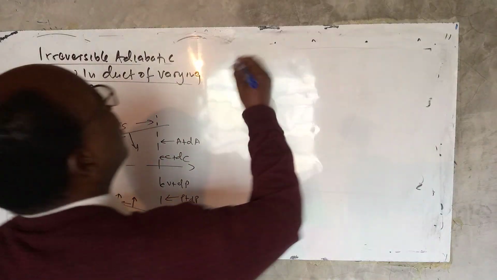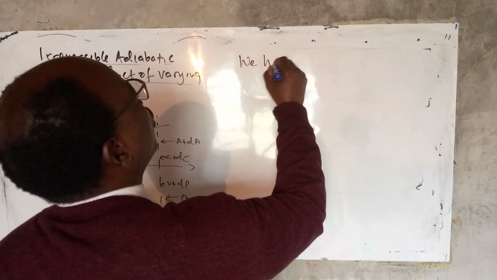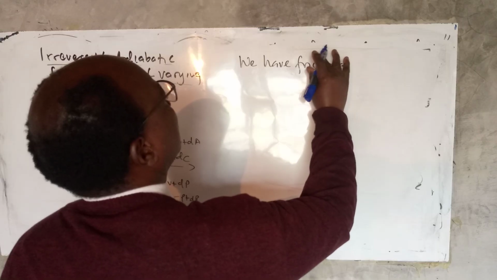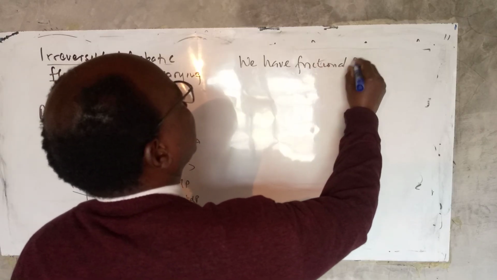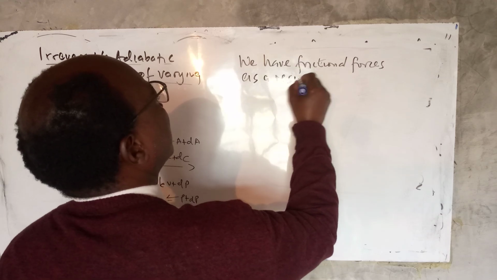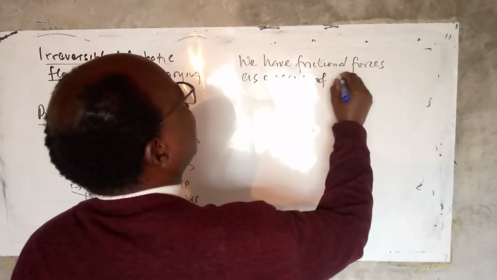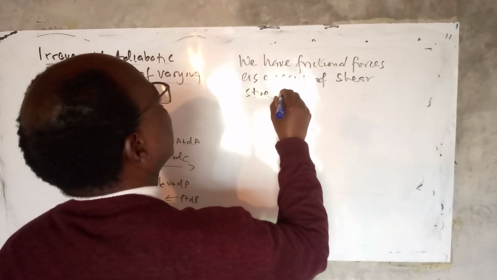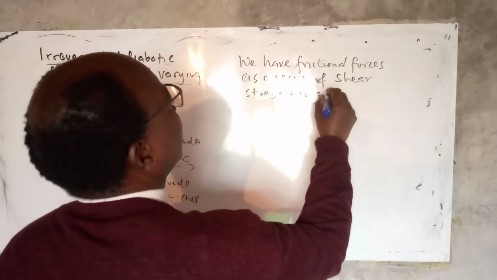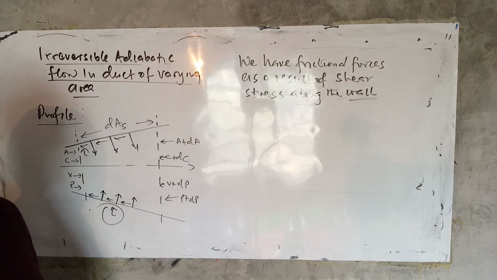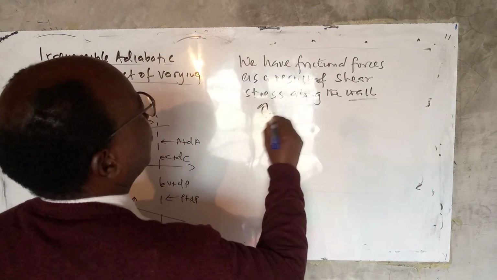So we are saying we have frictional forces as a result of shear stress along the wall. And if you remember, our notation for shear stress was tau.